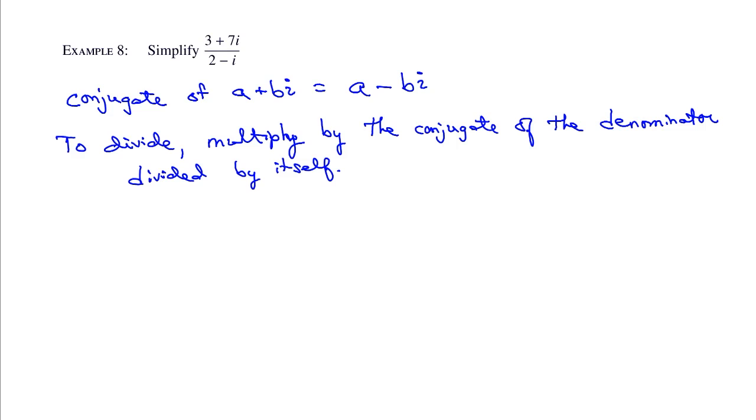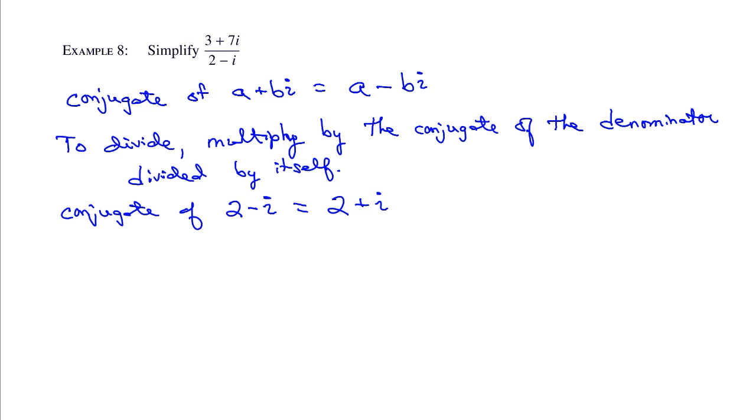Since I'm taking the conjugate and dividing it by itself, I'm really just multiplying by 1. So we can always multiply by 1. So the conjugate of the denominator here, 2 minus i, is actually equal to 2 plus i.